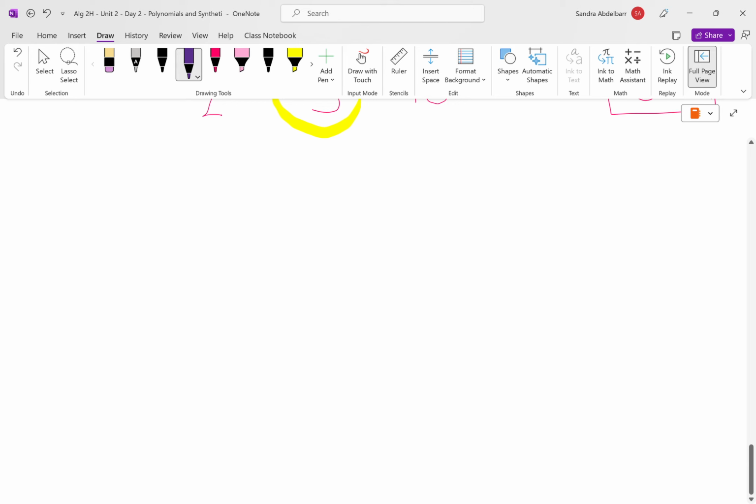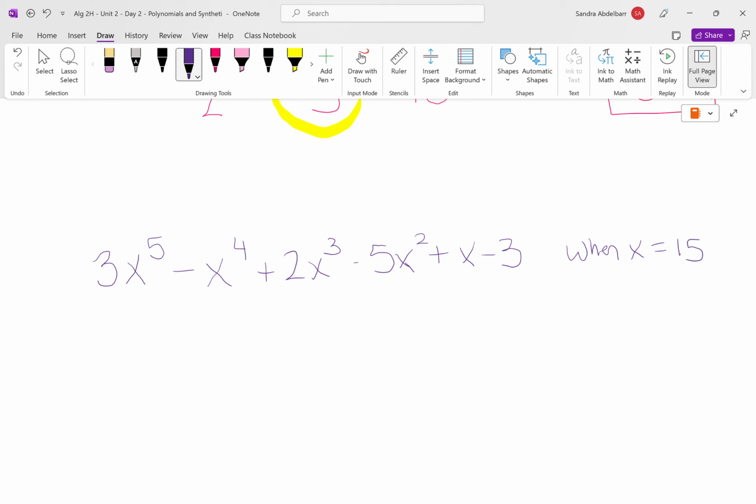So let me show you a scenario. We're not going to actually do the problem, but let me show you a scenario where this would be preferred over direct substitution. So let's say I gave you 3x to the 5th minus x to the 4th plus 2x to the 3rd minus 5x to the 2nd plus x minus 3 when x equals 15.